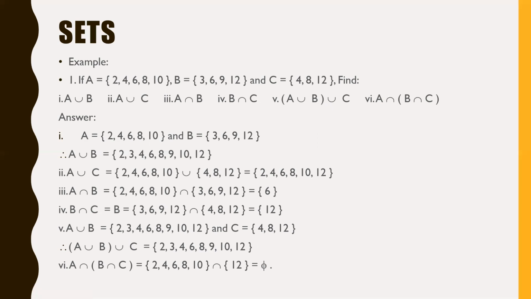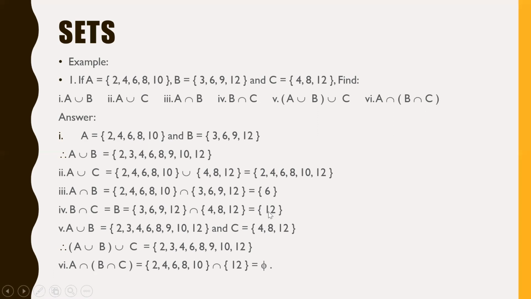Now Roman number 6. A intersection open bracket B intersection C close bracket. Now the value of A first you have to write. The set A elements you have to write, 2, 4, 6, 8, 10. Here you can see 2, 4, 6, 8, 10. So that I have written here. Then the intersection symbol. Now B intersection C. So B intersection C value we got in Roman number 4.